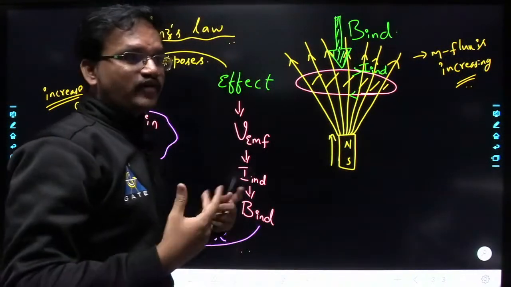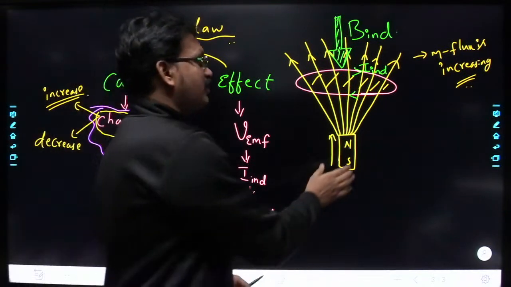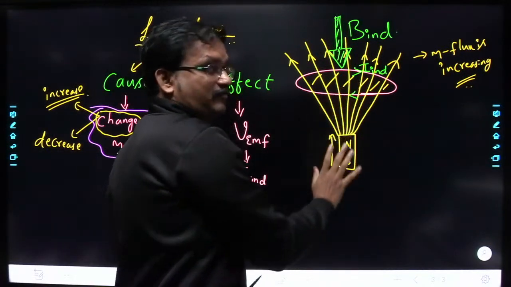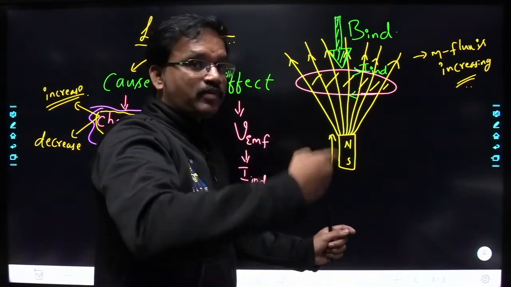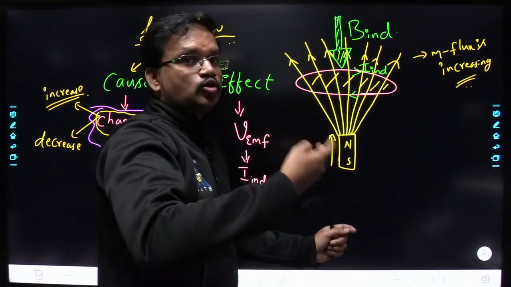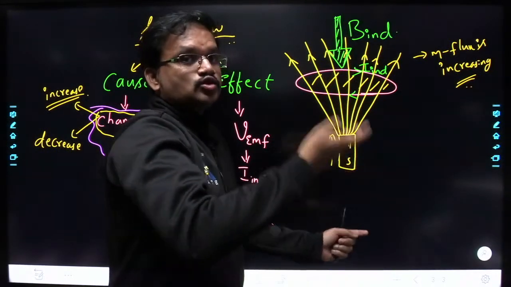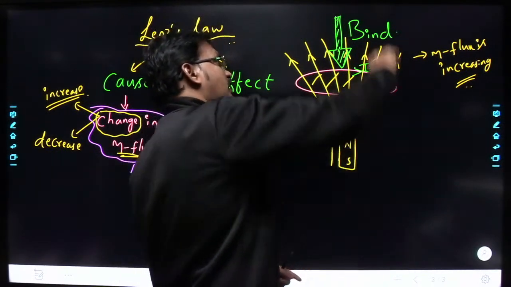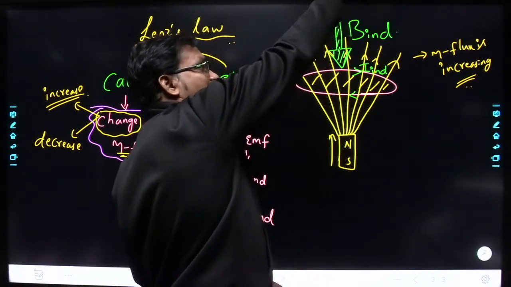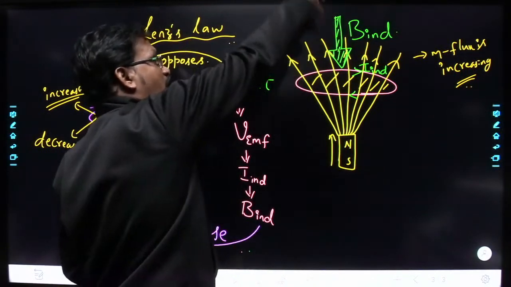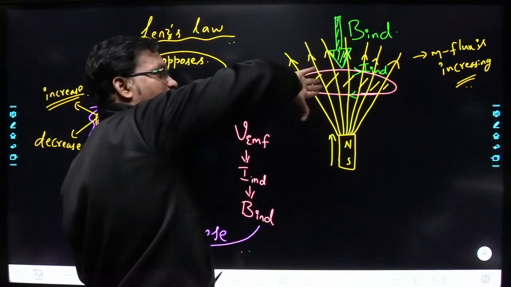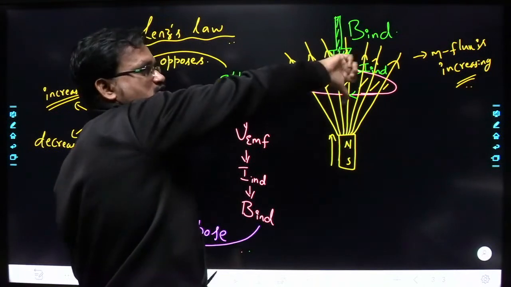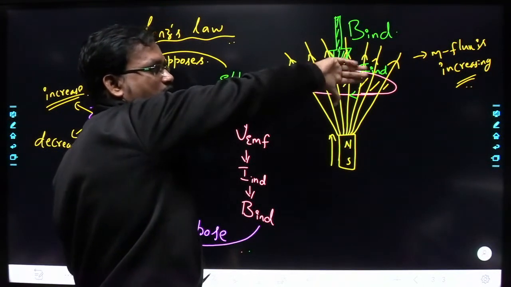Understood? So finally, whenever there is an increase in magnetic flux, that means with respect to time the number of field lines penetrating through the loop is increasing, and the induced magnetic field will try to oppose that increase. So the induced magnetic field has to point downward. If it is pointing downward, the induced current through the loop must flow in the clockwise direction.